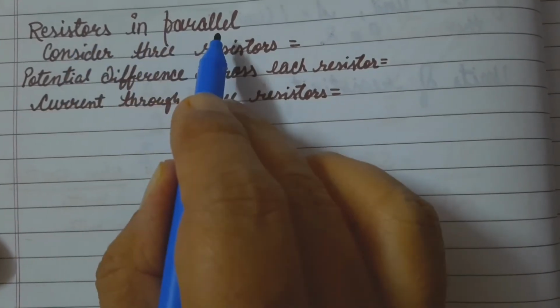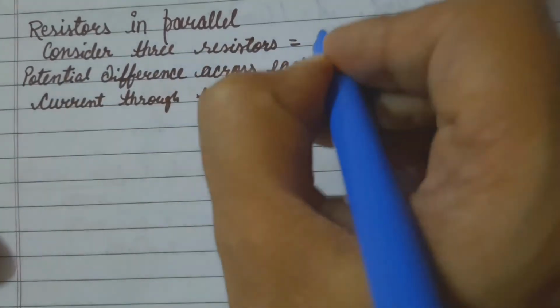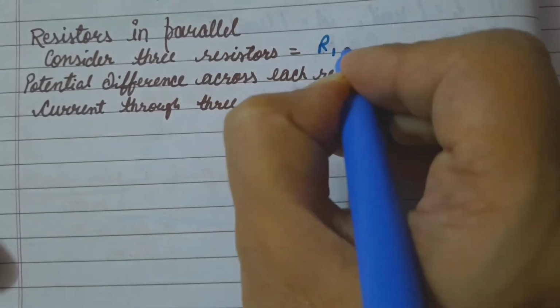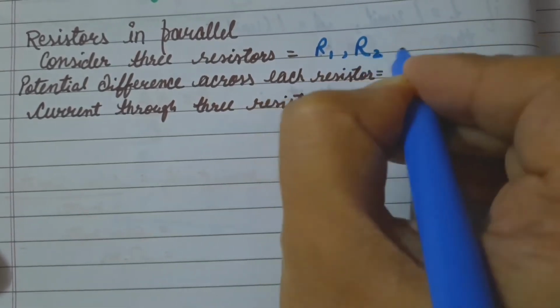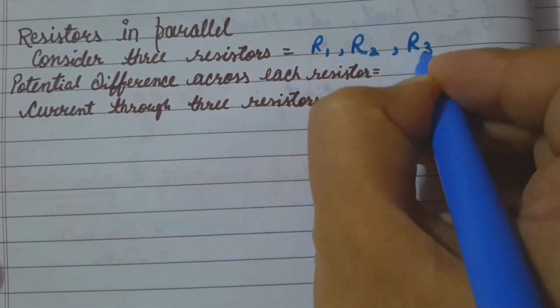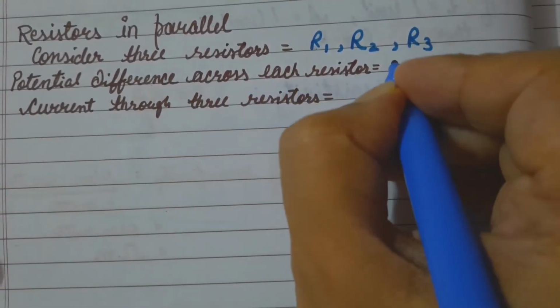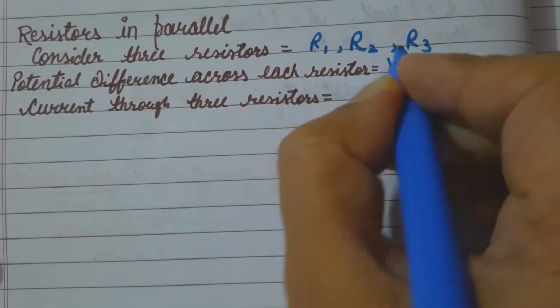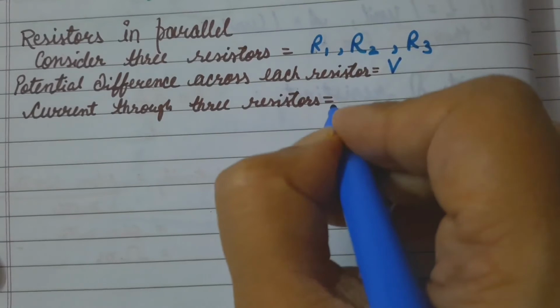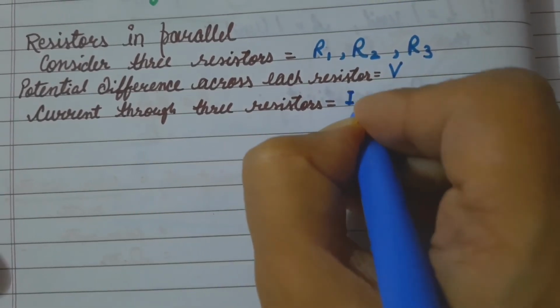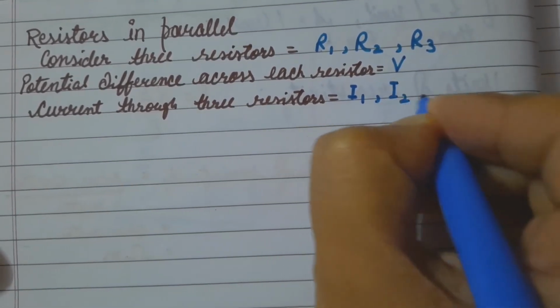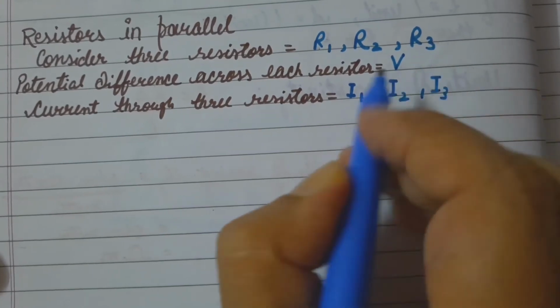Resistors are connected in parallel. Consider three resistors R1, R2 and R3. Potential difference across each resistor is V. Current flowing through the three resistors is I1, I2 and I3 respectively.